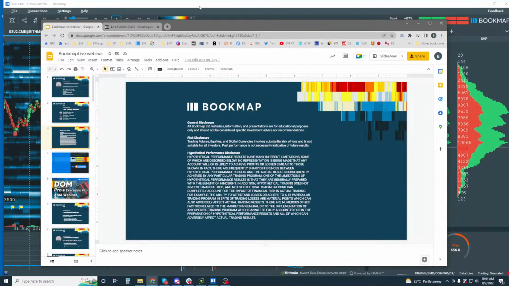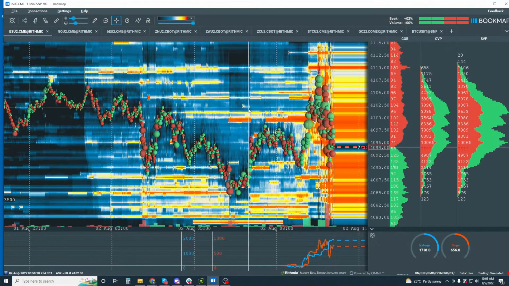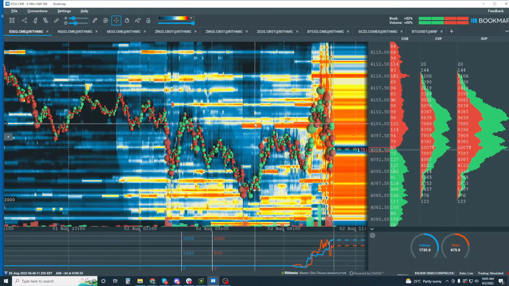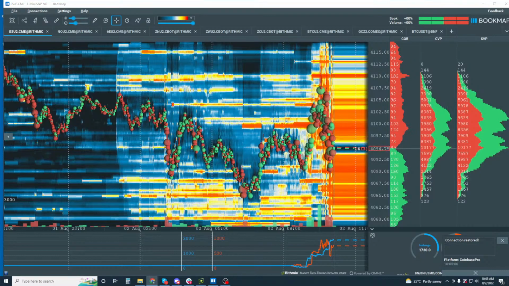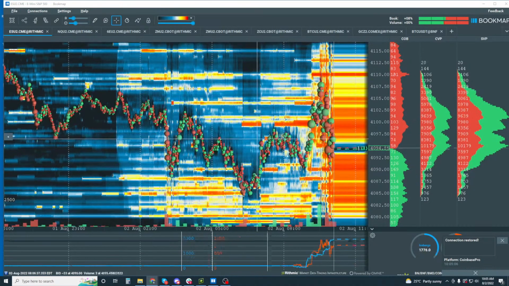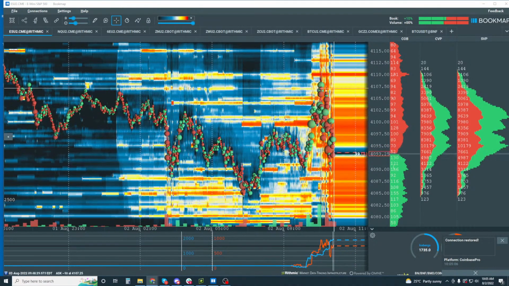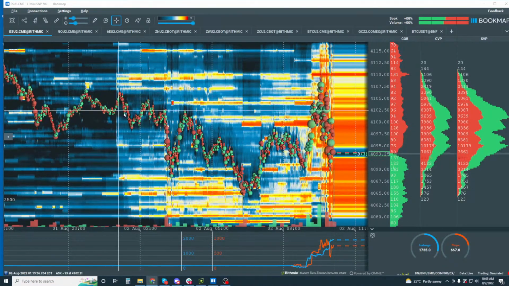All right, so let's jump in. We'll go over yesterday a little bit, but let's jump right into the live analysis and what's happening here. We have our 9:30 cash open. You can see the volume really picking up, and a kind of downtrend, at least since the London session.